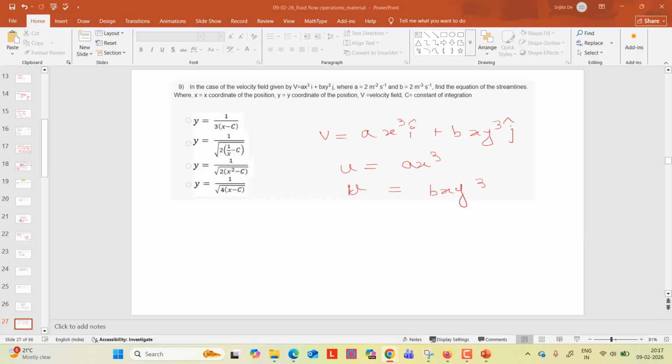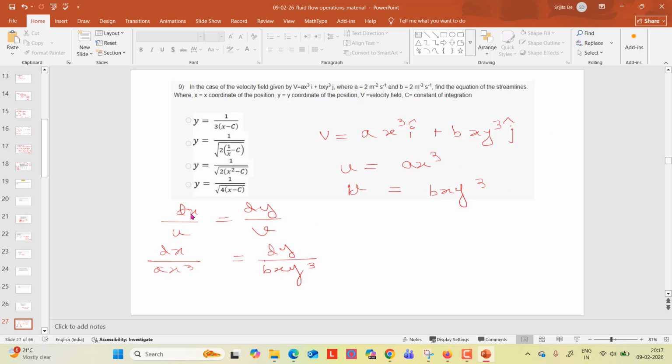So now you know the streamline equation, right? The streamline equation is dx by u equals dy by v. So it is coming as dx by ax cube equals dy by bxy cube. And a and b have values, right?